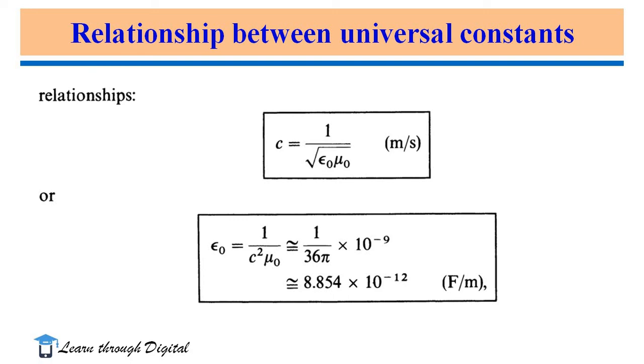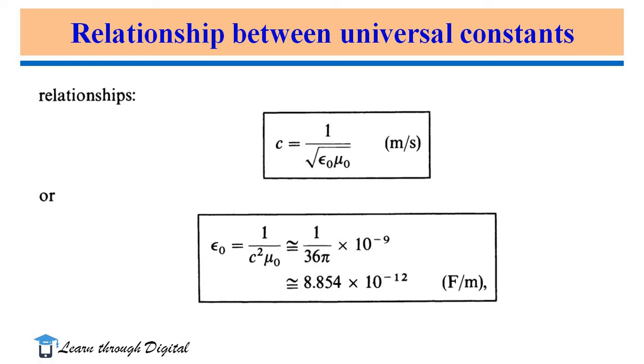The values of epsilon naught and mu naught are determined by the choice of unit system and they are not independent. In the SI system, which is almost universally adopted for electromagnetic work, the permeability of free space is chosen to be 4 pi × 10 power minus 7 Henry per meter.